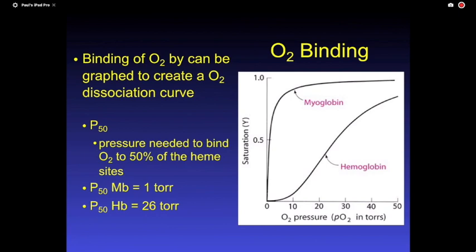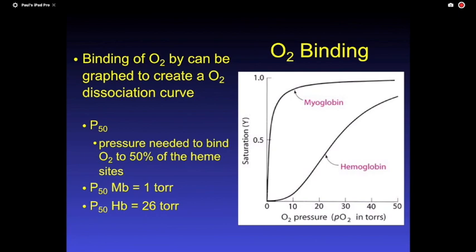Great test question. Myoglobin? That sounds like a question, not an answer. Why? Because it's more saturated under lower pressure.